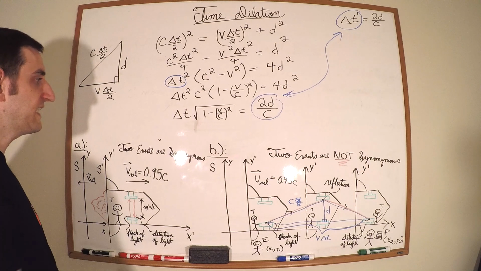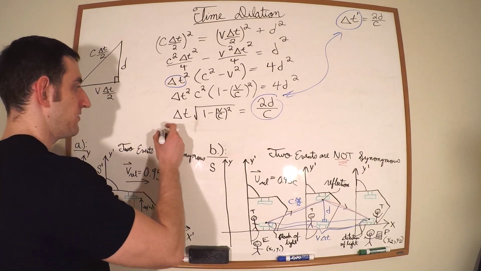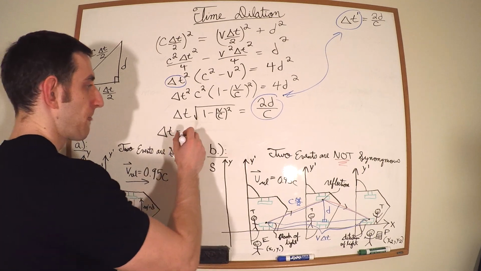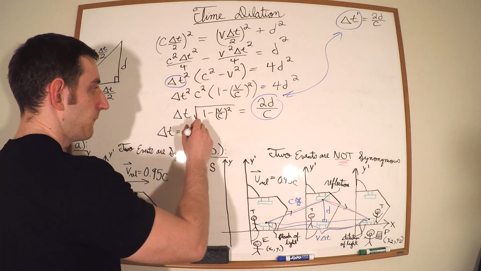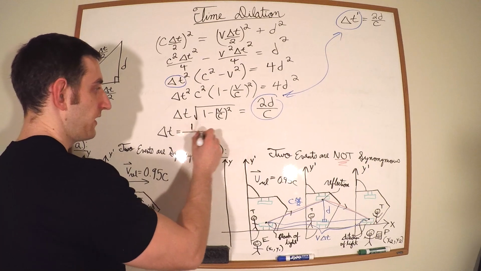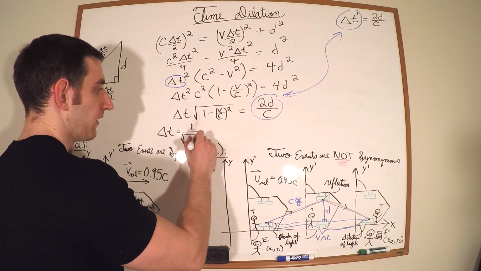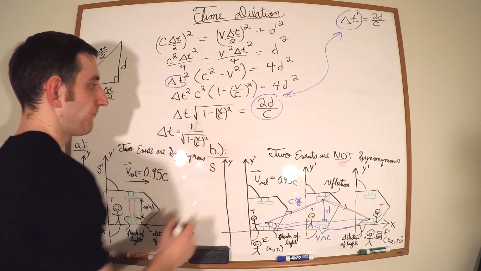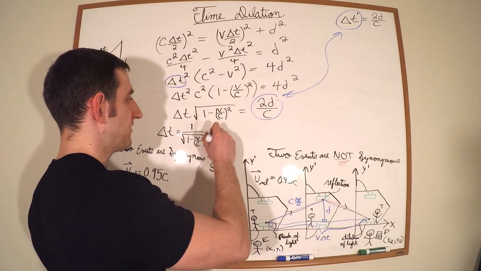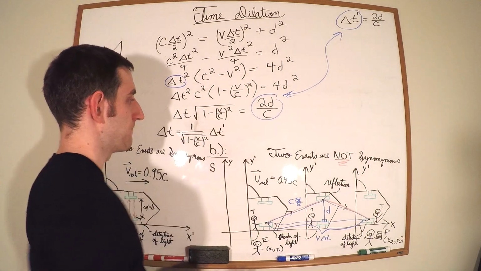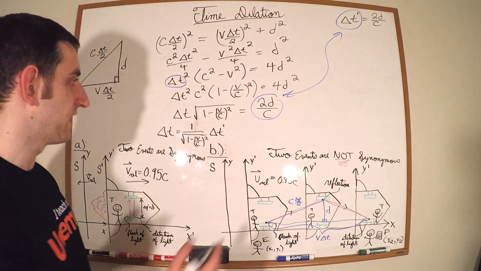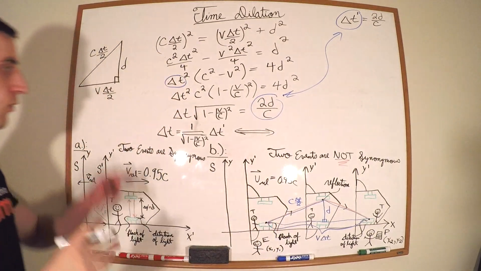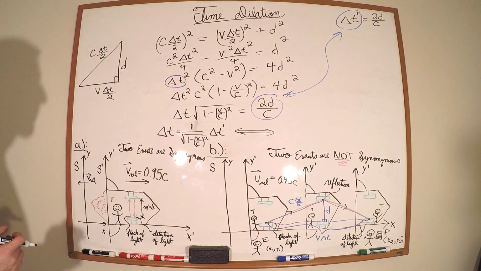And what we get is the important result: delta t is equal to 1 over the square root of 1 minus v over c quantity squared, times delta t prime. Ooh, that looks interesting. Now, we're going to simplify this a bit further.